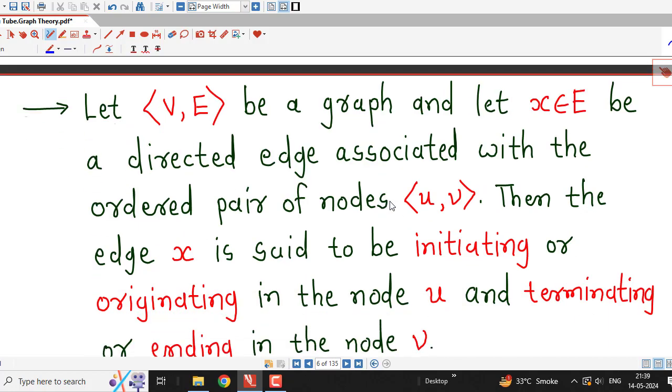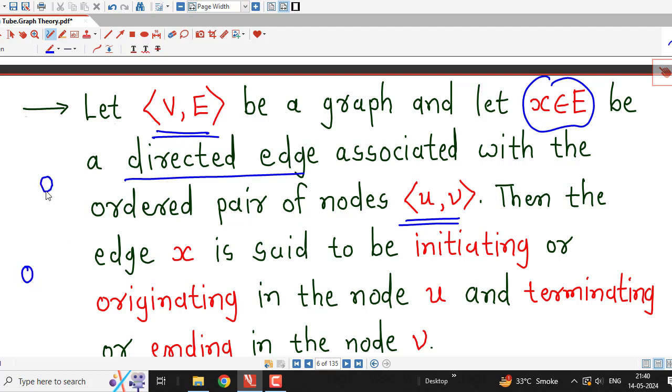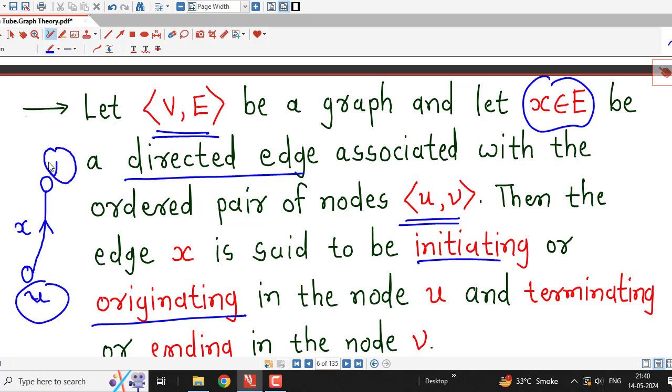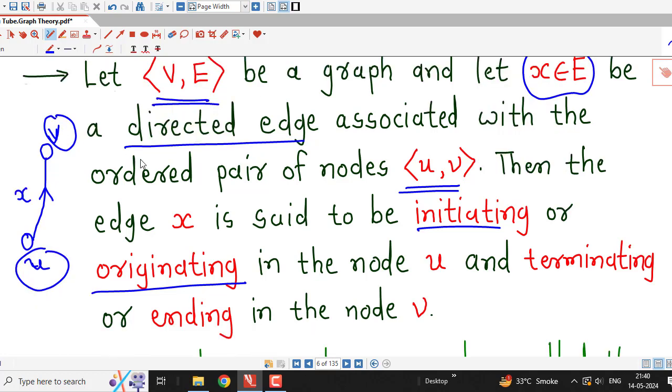Similarly, we can talk about other things. Suppose I have a graph denoted by V, E. Suppose X is an edge of the graph which is a directed edge associated with the ordered pair of nodes U, V. That is, we have a directed edge from U to V. So in that case, this edge X is said to be originating or initiating from the node U and ending in the node V. This is a very common thing, but we should understand it in the language of graph theory.